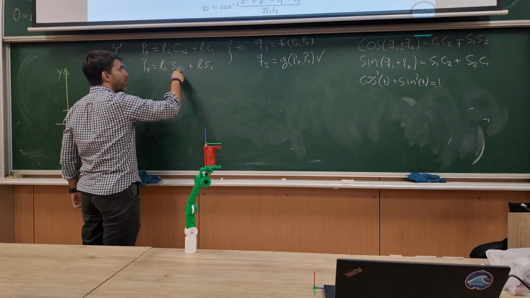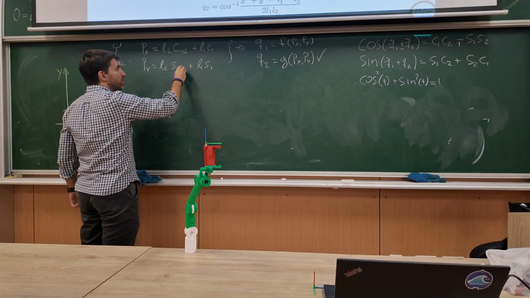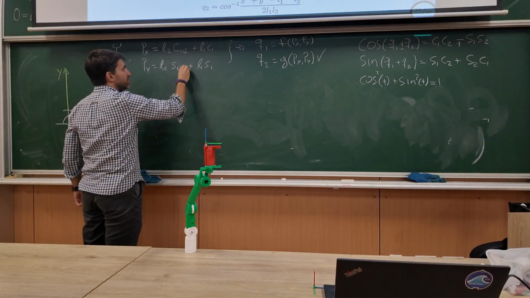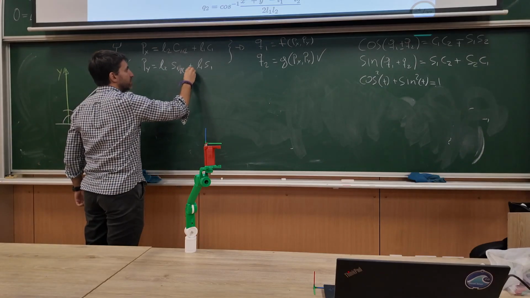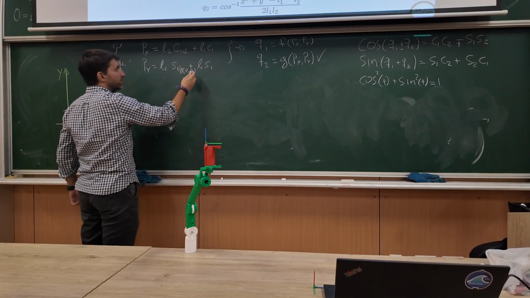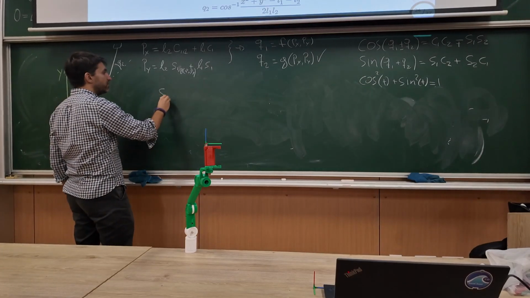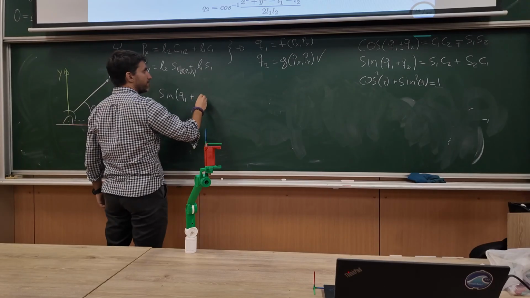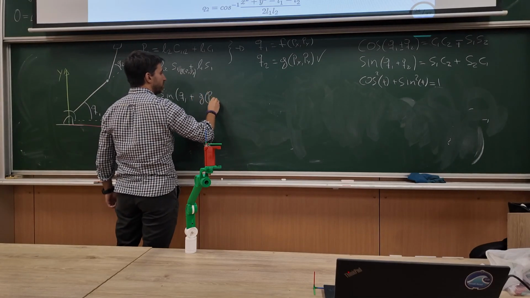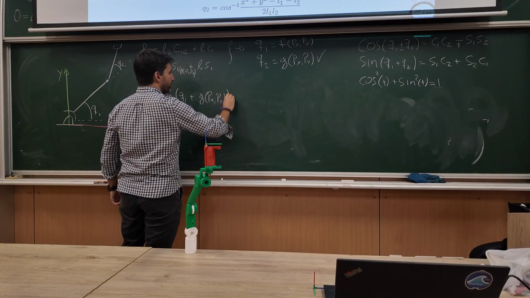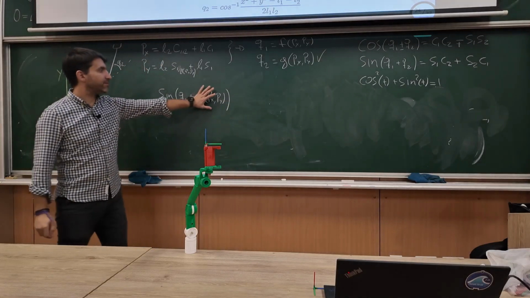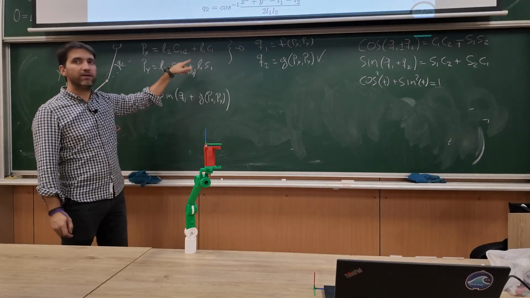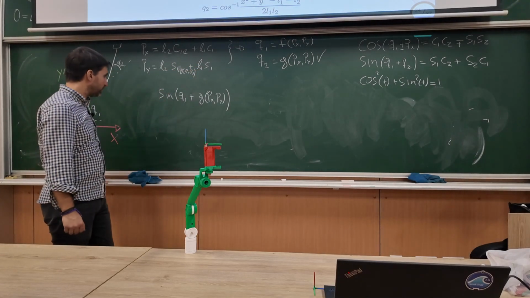But now basically I can replace Q2 with a function G of Px, Py. So I can say sinus of Q1 plus G of Px, Py. But still I have something here and I cannot easily get rid of it.